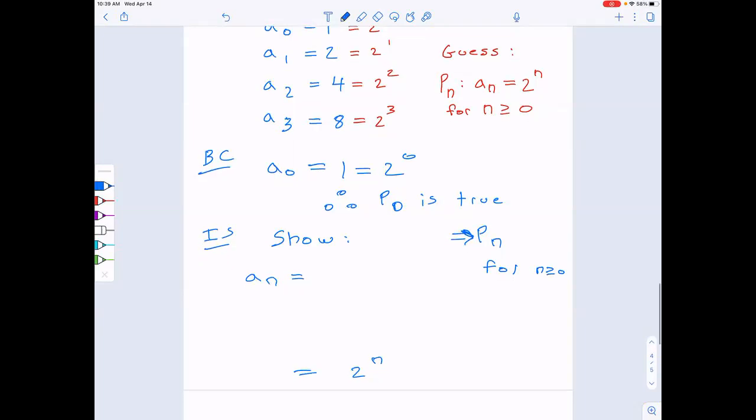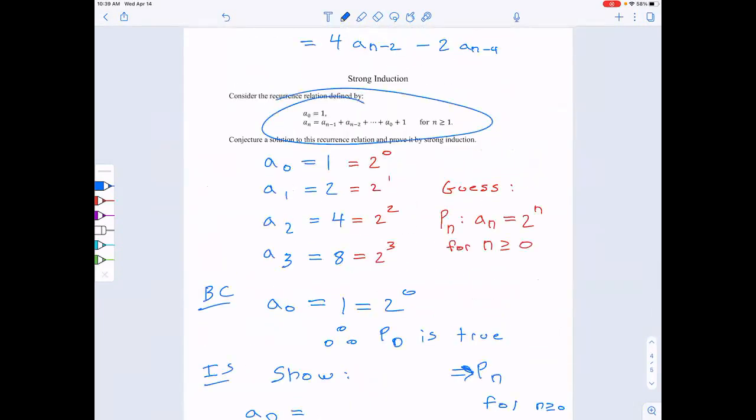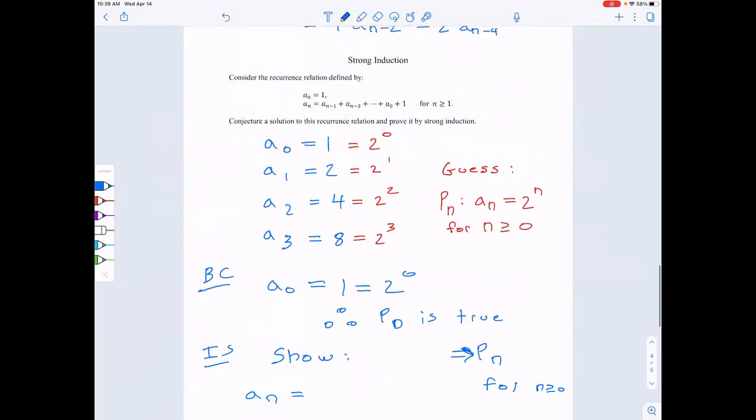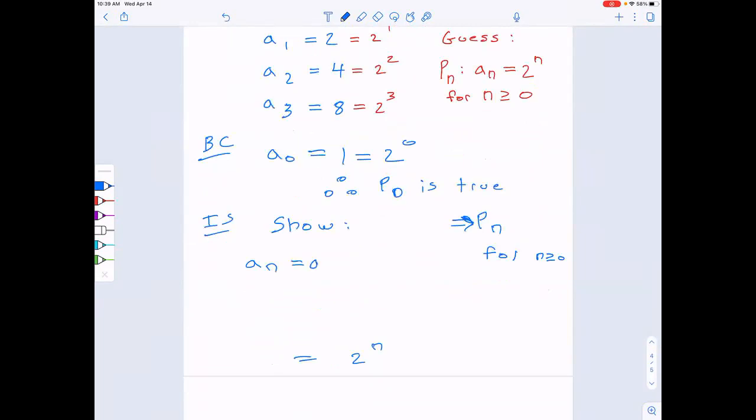So what we can do is write down the recurrence relation that we're given. That recurrence relation was just given to us in the problem. So a sub n is equal to a sub n minus 1 plus a sub n minus 2, and so on and so on, so you add everything from before all the way down to a sub 0, and then you add 1 at the very end. Now we can use our inductive process on all of that.